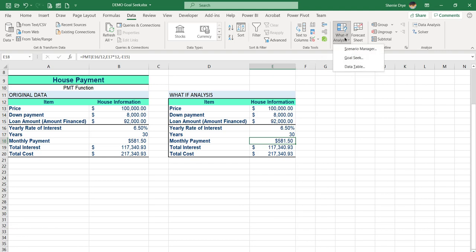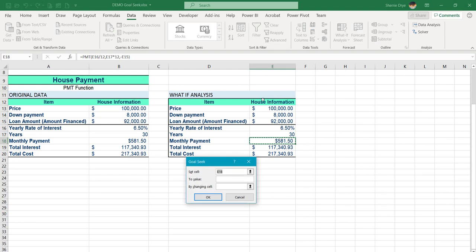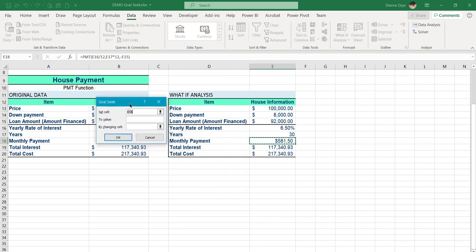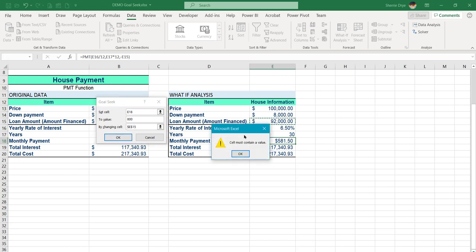So if I tried, for example, if I wanted to try to set the monthly payment to $800, and let's say instead of using the price of the house, I use the loan amount. So if I do that, I'm going to select cell E15. It's going to say that cell must contain a value.